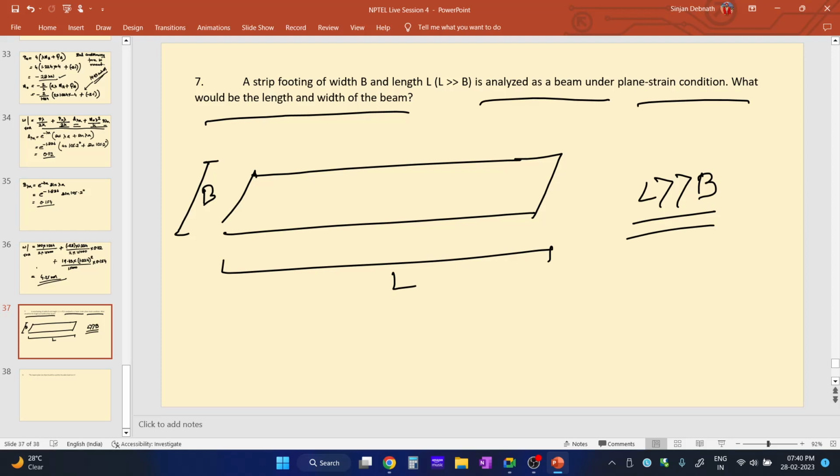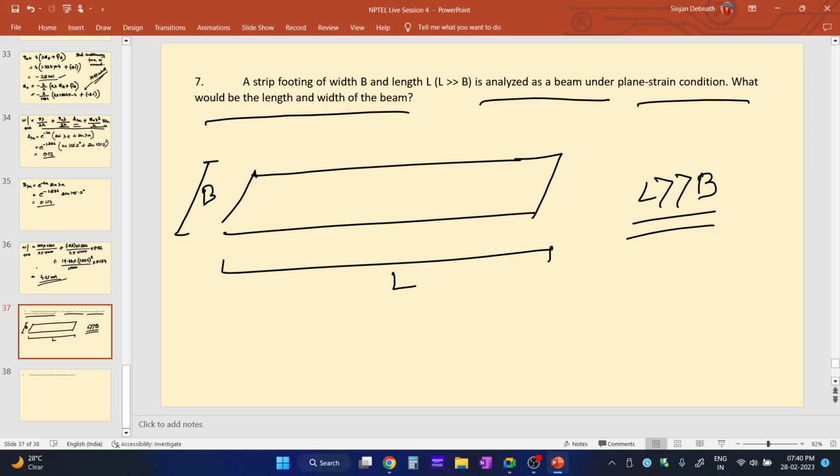We are considering the length to be 1 meter. Since the length is very long, we find the bearing capacity of the strip footing for 1 meter length. This is the rule actually.